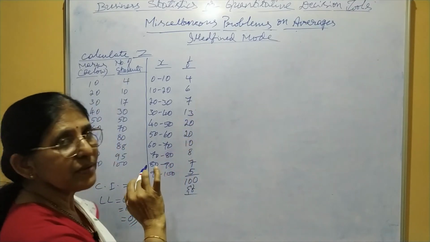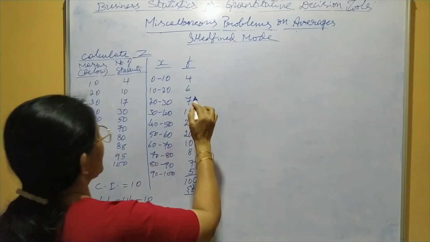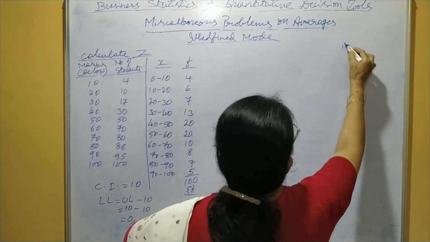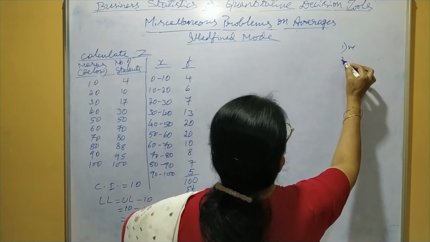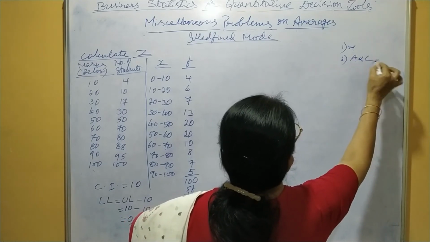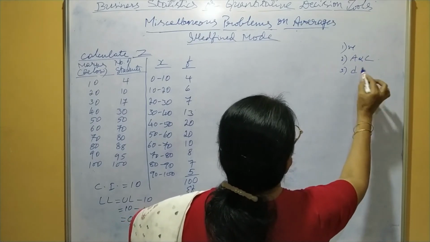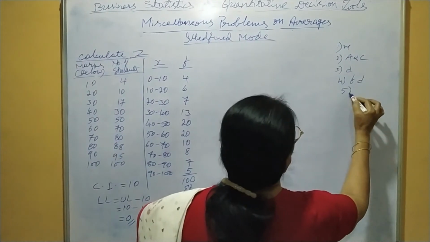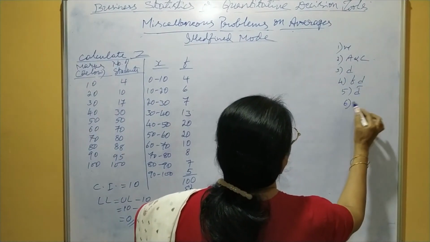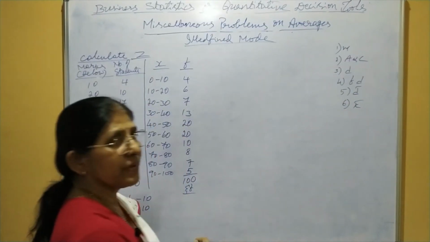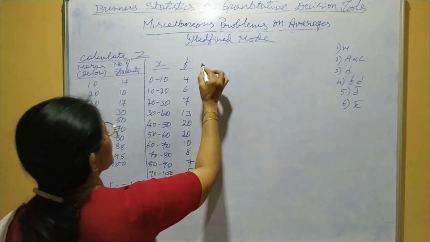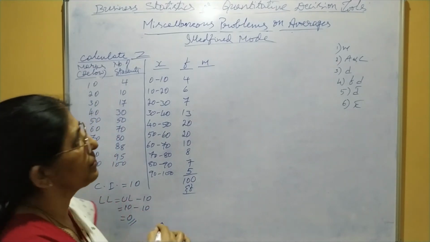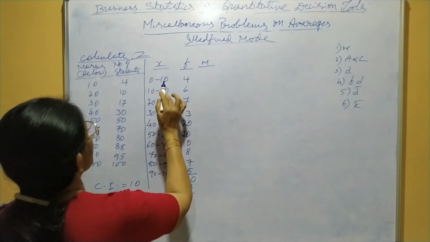Okay. Now see what we have to do first. We have to calculate arithmetic mean. To calculate arithmetic mean, first step is M, second step is A and C, third step is D, fourth step is FD, fifth one D bar and sixth one X bar. Means first we have to take M, that is mid value or midpoints.